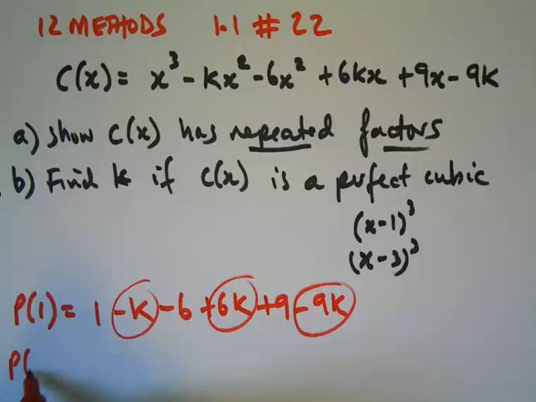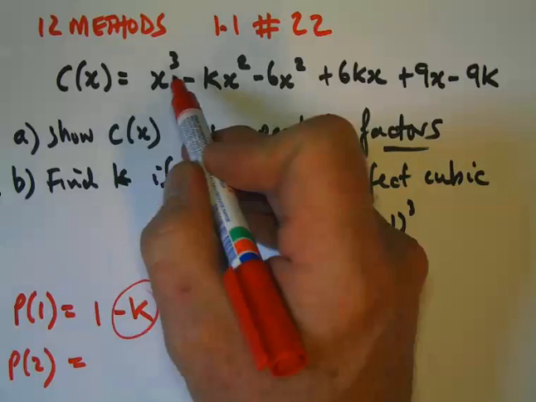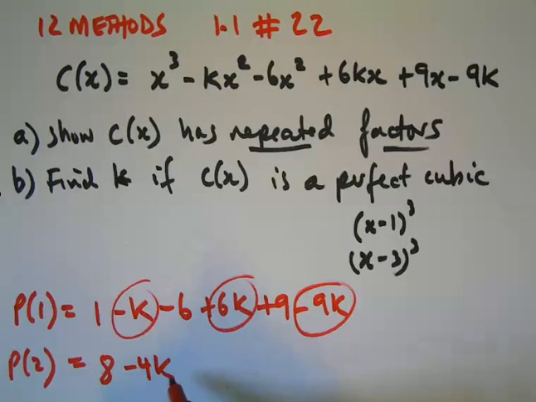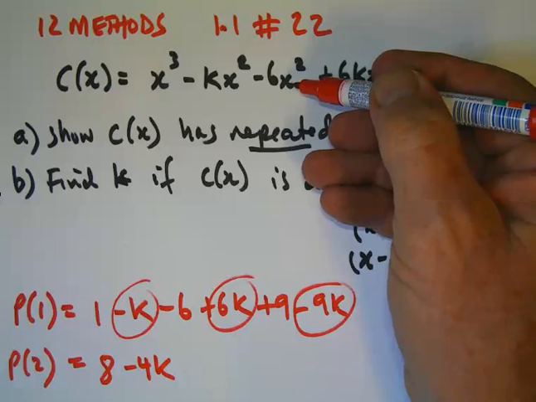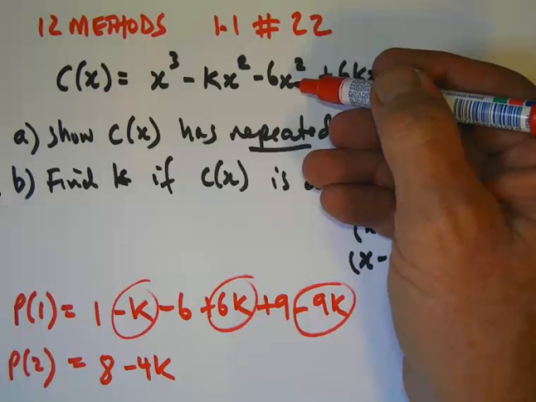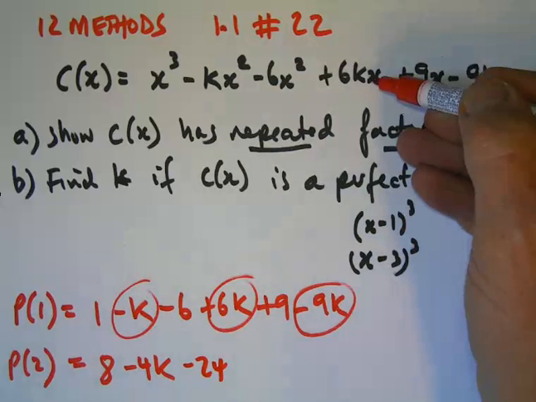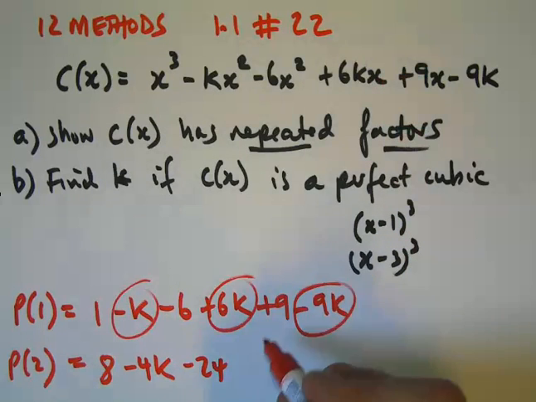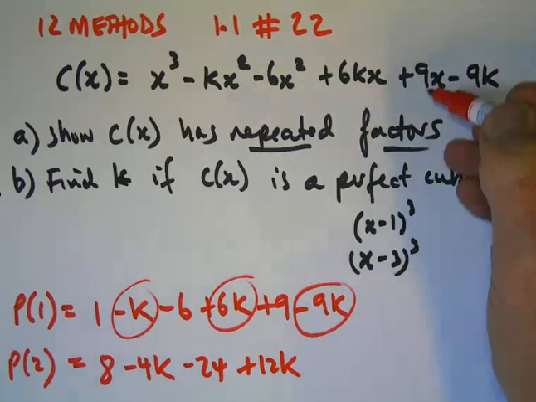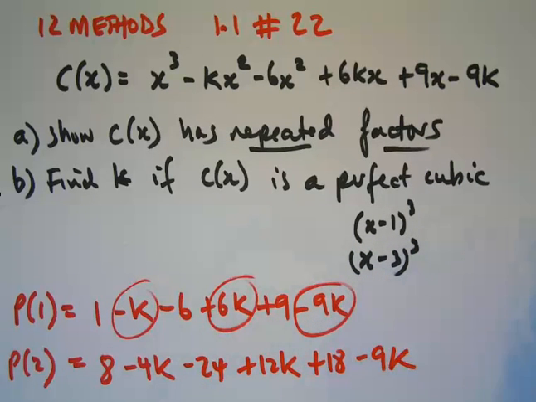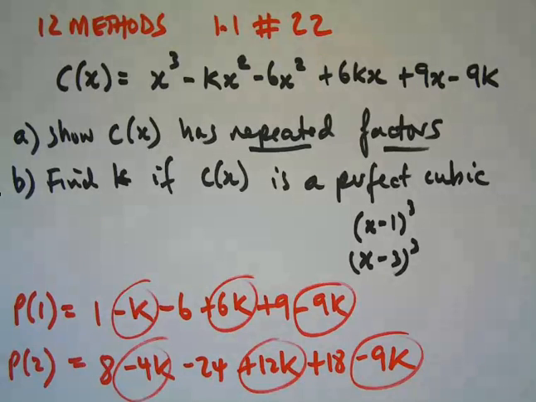So p of 2 is going to equal 8 minus 4k minus 24 plus 12k plus 18 minus 9k minus 9. The k's don't disappear.